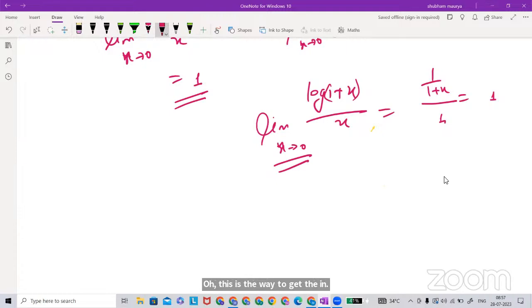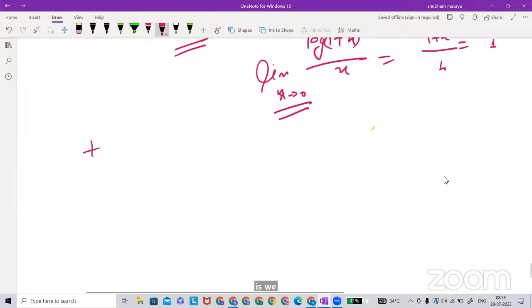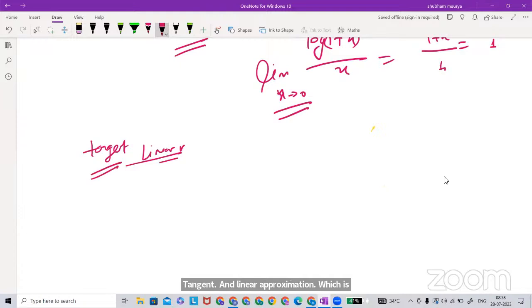And now the last topic is tangent and linear approximation, which is nothing but a formula. If you want to find the tangent of f(x), let's assume f(x) is sine x plus 2x square, and we want to find the tangent of the function at x equal to 2.